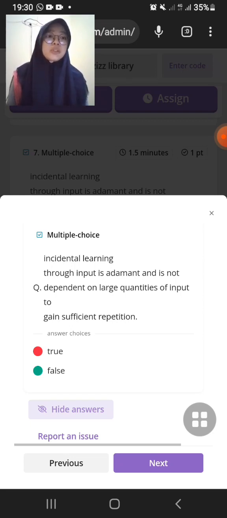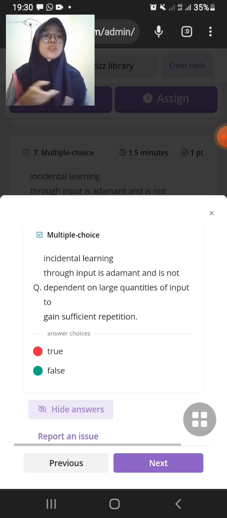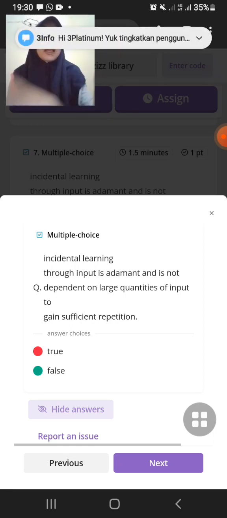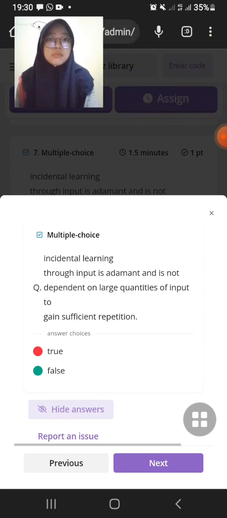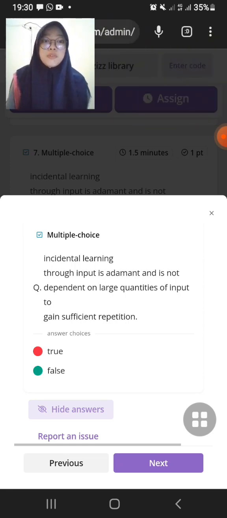For example, when someone plays a sport just for fun, but ends up improving their skill over time, they're engaging in incidental learning.